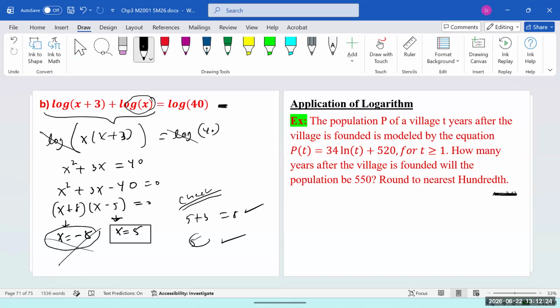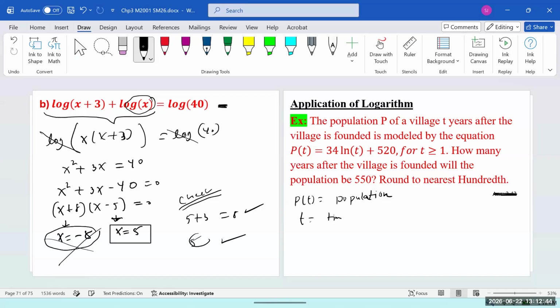The population P of a village, T years after the village is founded, is modeled by the logarithmic equation. P of T represents population.